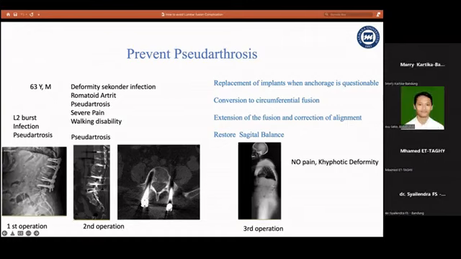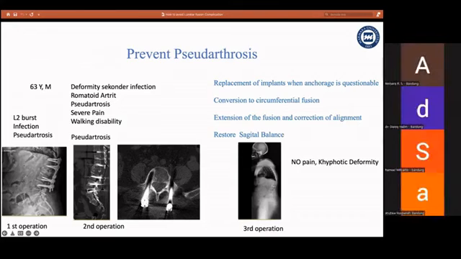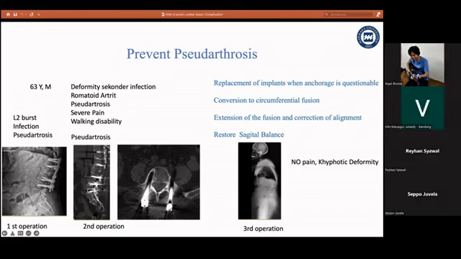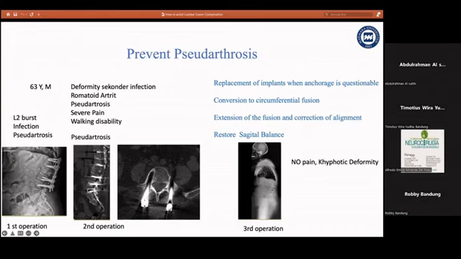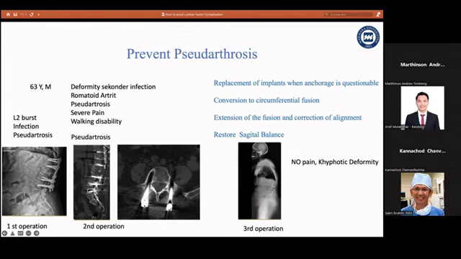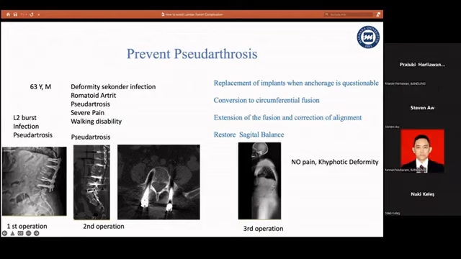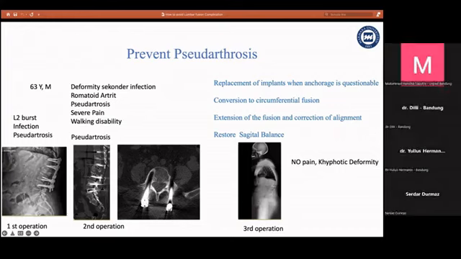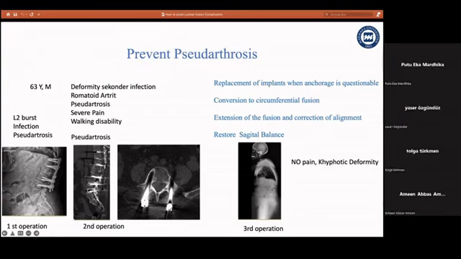One month after the operation, she got an infection. She had a second operation, and again screws were put one level superior and one level inferior. Again, no interbody graft or anterior support, and no correction of sagittal balance. Again, we see pseudoarthrosis here.